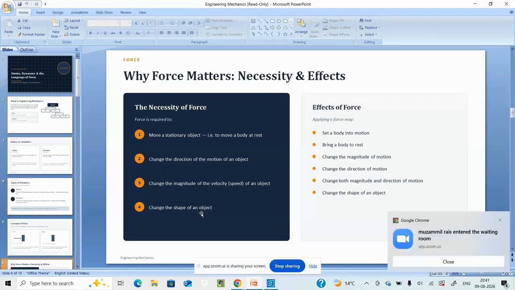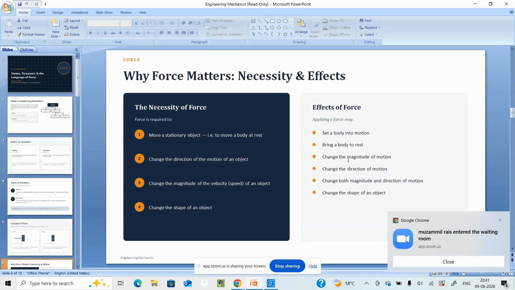And now the effects of applying the force. You apply a force to set a body in motion. When a body is at rest, you apply some force to make it move, and to bring a body to rest, if some body is moving, you apply force to make it stop.